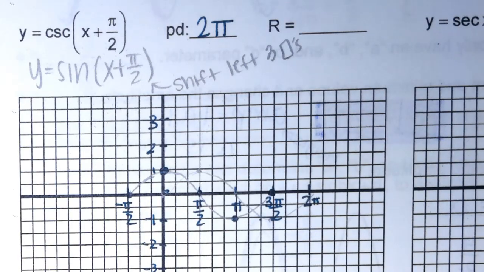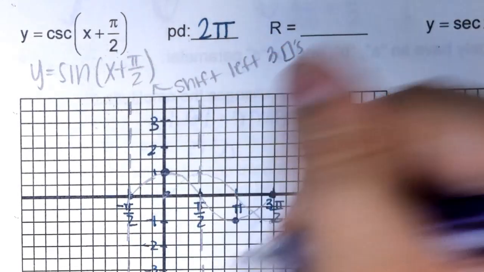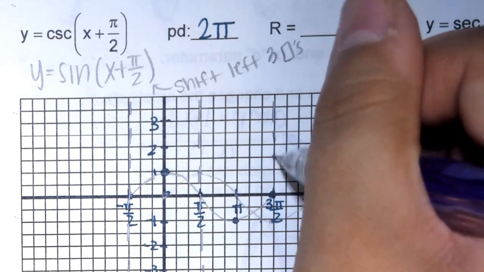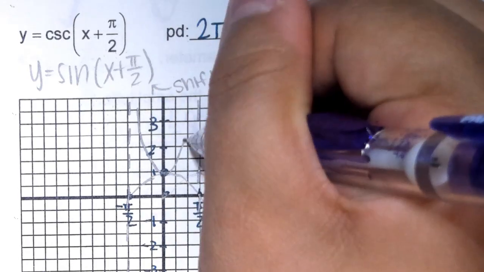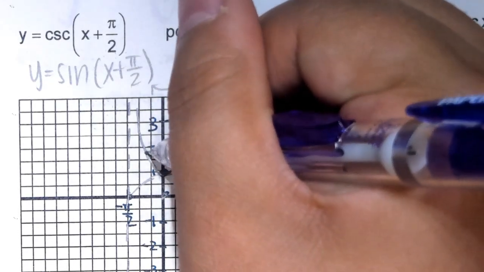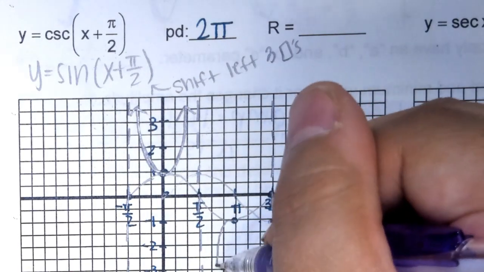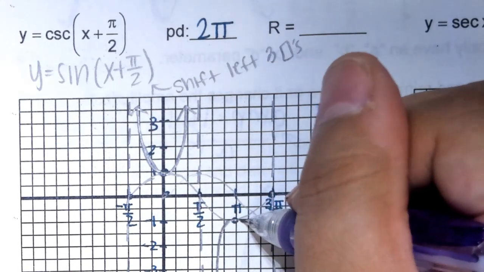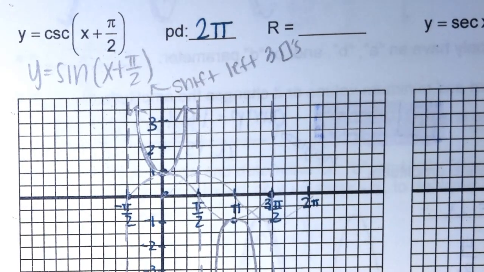And now what? Draw your asymptotes. Remember, cosecant has 3 asymptotes because sine has 3 zeros. That's a little too pointy. And then flip your curves.